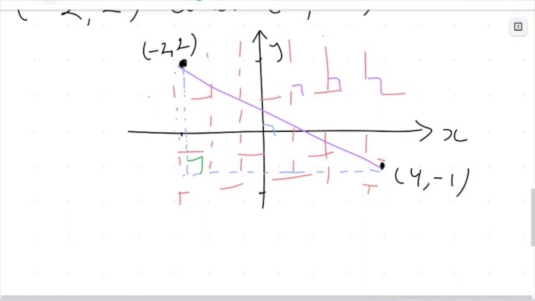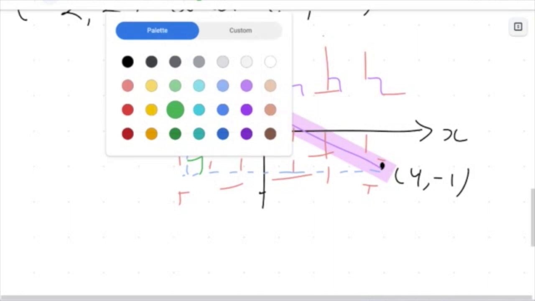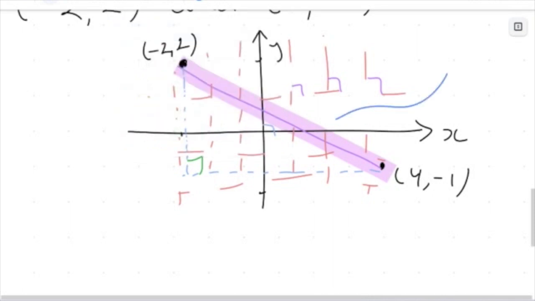Now, what kind of shape do we end up having? Well, we have a 90-degree triangle, don't we? And the longest side of this triangle is the unknown segment. So in the context of right angle triangles, this is what we call the hypotenuse, right? We can construct these imaginary right angle triangles, and my segment is my hypotenuse.